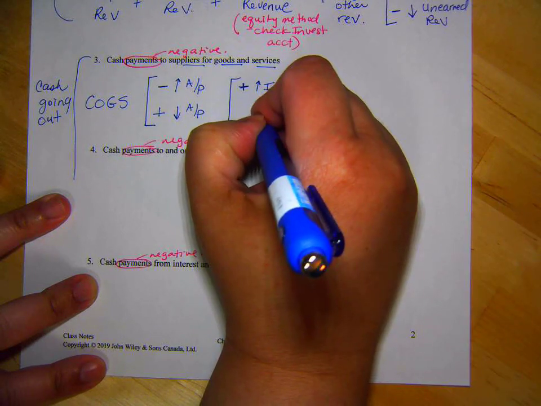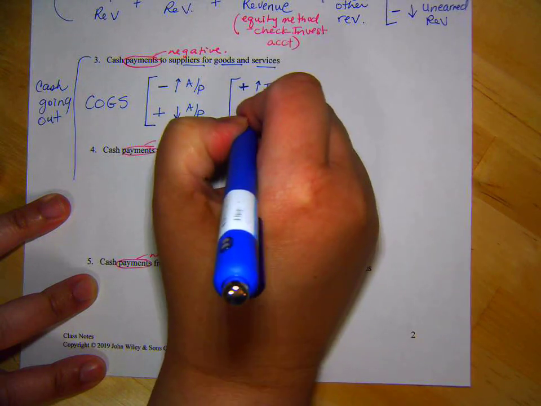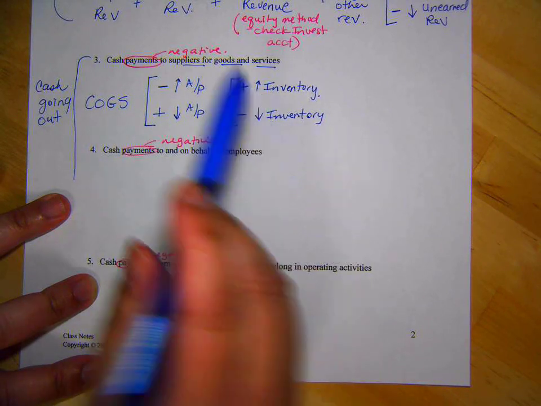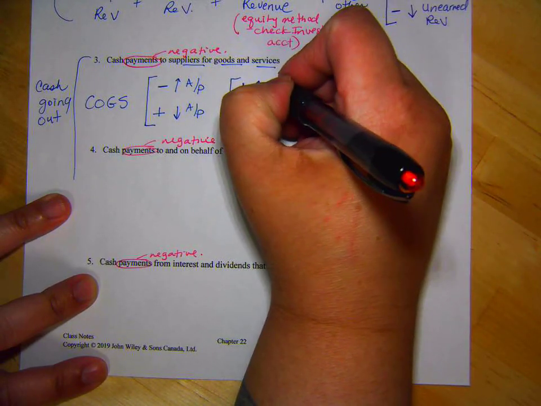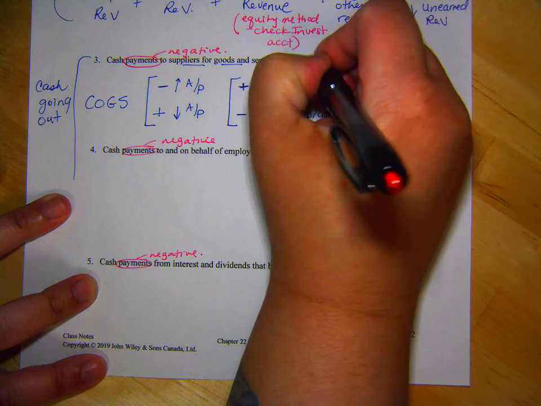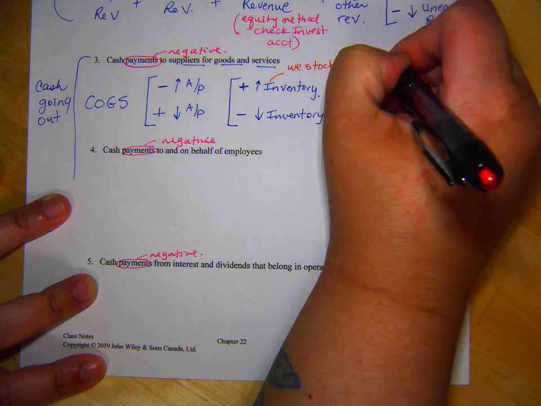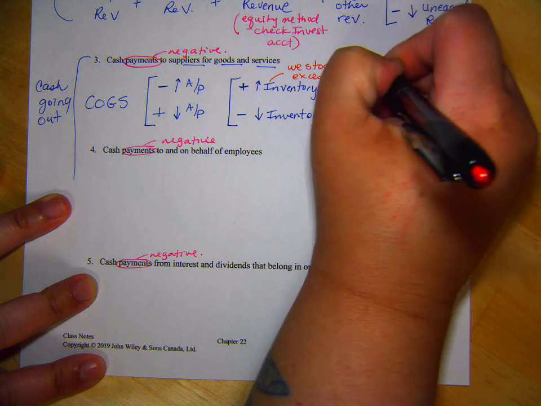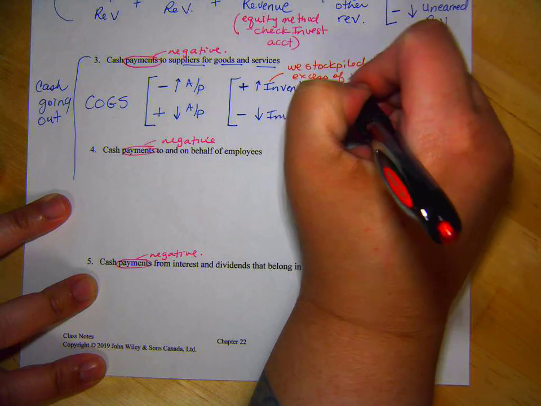If inventory goes down, we're going to subtract that amount, because that means some of the cost of goods sold came from inventory we already had from last period. So this one, we stockpiled inventory in excess of what we needed for sales.